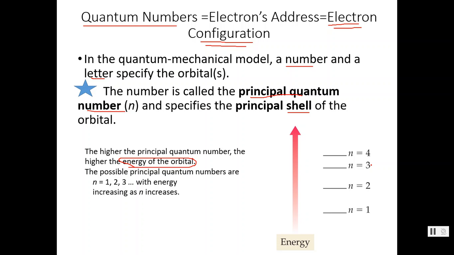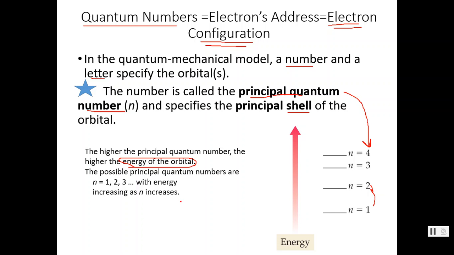So the first part of the electron configuration, or of an electron's address, is a number. It's called the principal quantum number, and it starts with number 1, goes up in subsequent jumps of 1. The higher your principal quantum number, the more energy that orbital has.